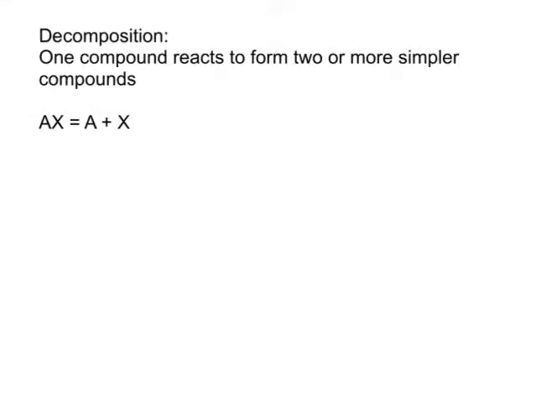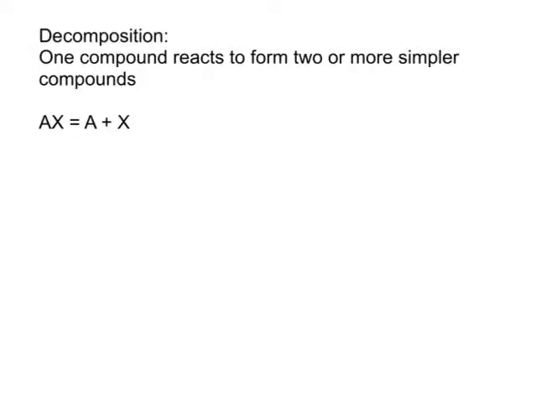Decomposition reactions are the opposite of synthesis, and one compound reacts to form 2 or more simpler compounds. Now, these simpler compounds may be elements. We literally could have the reverse of the reaction that I just showed, where sodium chloride decomposes into sodium and chlorine gas, but that's not always the case.